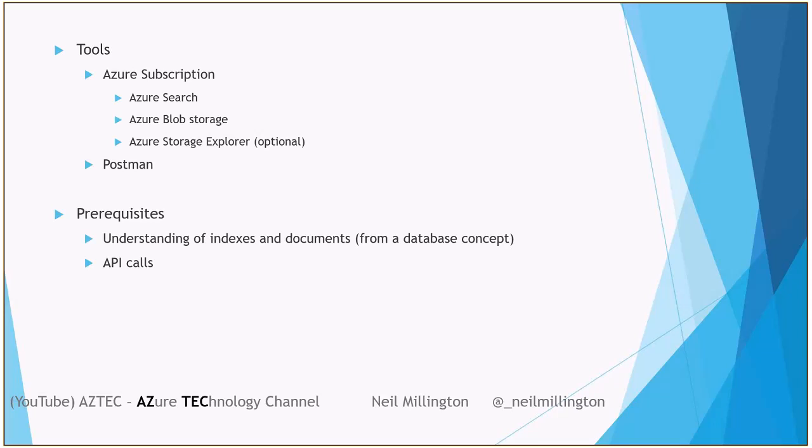The other main tool we're going to be using today is Postman, which is a great API management tool. What is an API call? That's one of our prerequisites. Most search services use API calls to query the search service and get the results out of it.